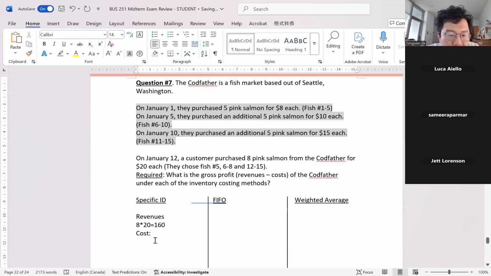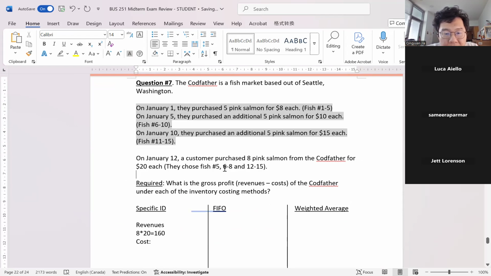Because it's specific ID and the customer chose fish 5, 6 to 8, and 12 to 15, fish number 5 is here.